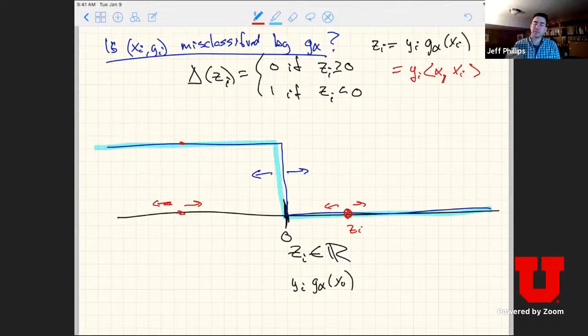So I need to replace this with a function, and I want to make it a convex function as well. If I don't have a convex function, I might create a bunch of local minima and all these other sorts of issues. So I want to do a convex relaxation. Why is this not convex either?